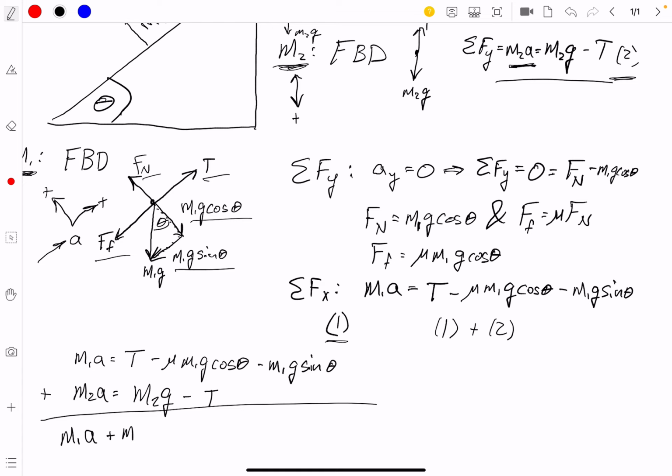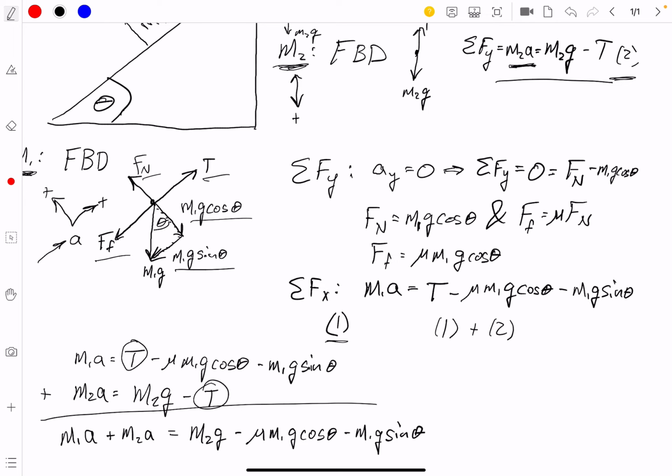So I've got m1a plus m2a on the left side of my equal sign. It's clear that this positive T and this negative T are going to disappear. They're going to go away. So I'm left with m2g minus mu m1g cosine theta minus m1g sine theta.